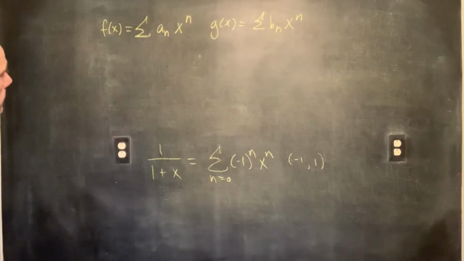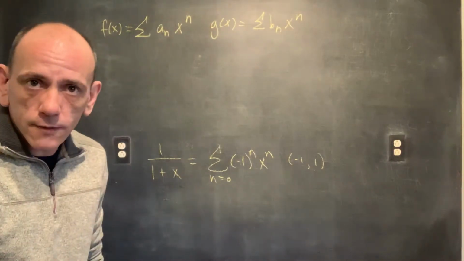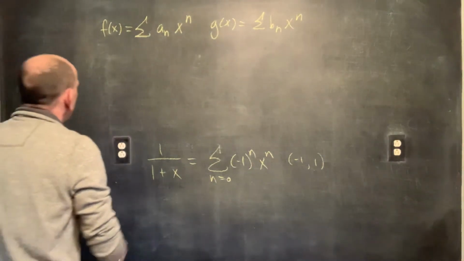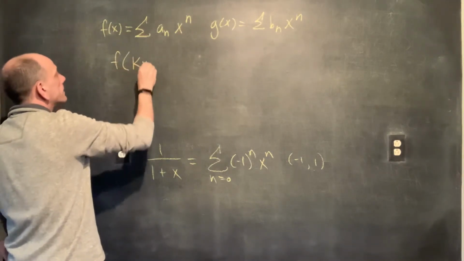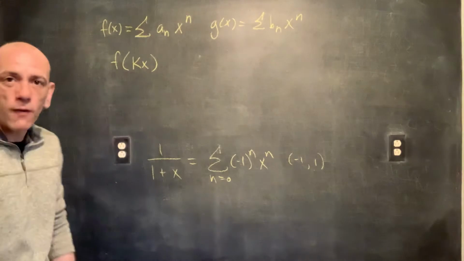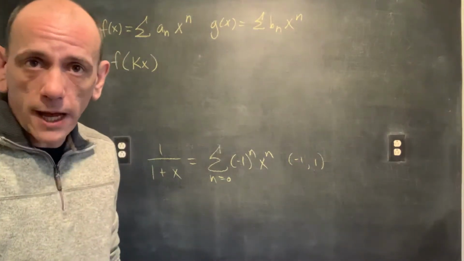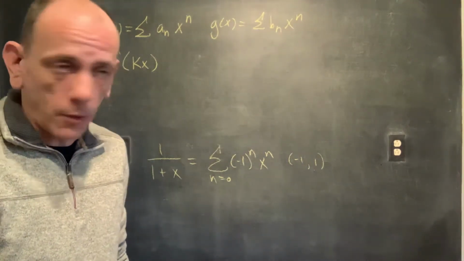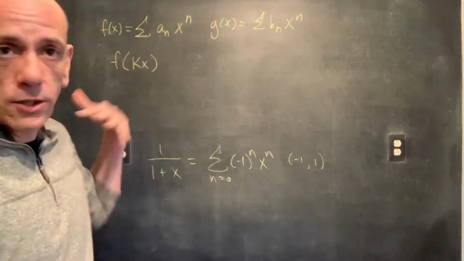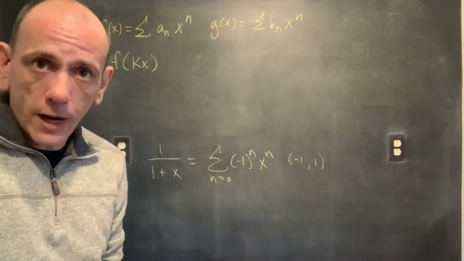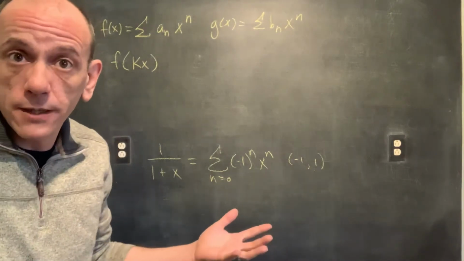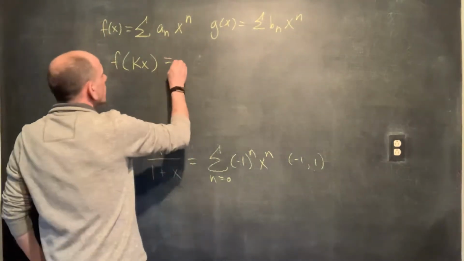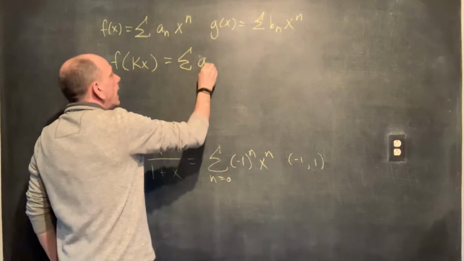If we do have these series representations of these functions, then f at kx, so if I want to find that function at some constant multiple, well, that's just my original function evaluated at kx. We just plug and chug, easy peasy. It's the sum a sub n.